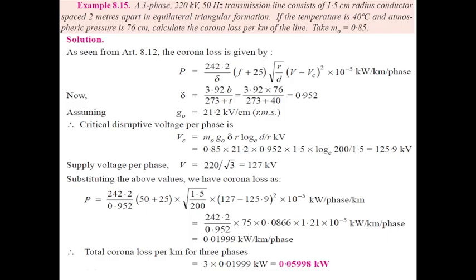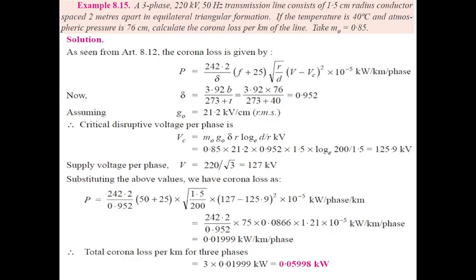The supply voltage per phase is calculated by dividing the line voltage by square root 3, resulting in 127 kilovolt. Since the operating voltage is slightly higher than the critical disruptive voltage, corona occurs and power losses must be calculated.